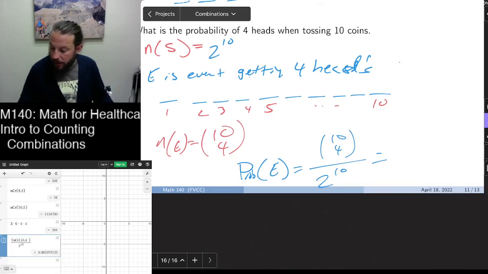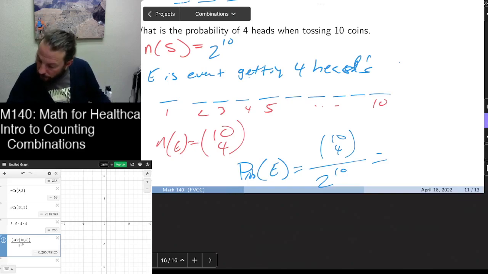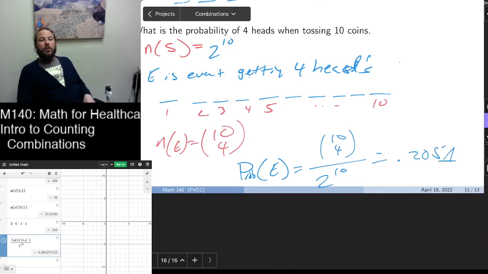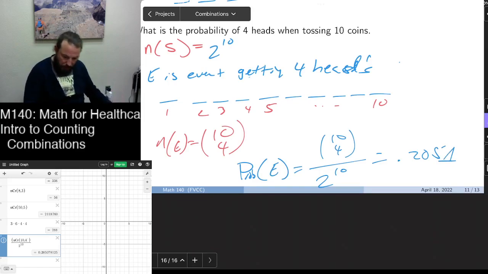Here we go. And it looks like it's about 0.2051. All right, so that's how to actually calculate it.